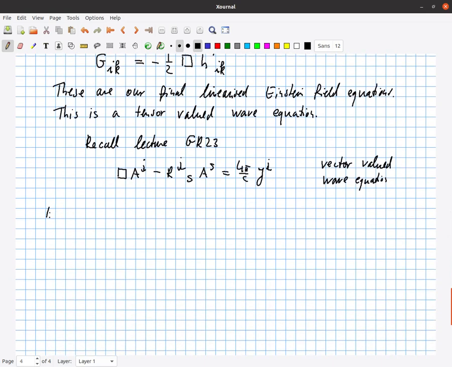So in the presence of matter, we have G prime IK equals, minus 1/2 box h bar prime IK equals kappa T. I must add a prime to the T to just make sure that I'm working in the same coordinate system on the left as I do on the right.